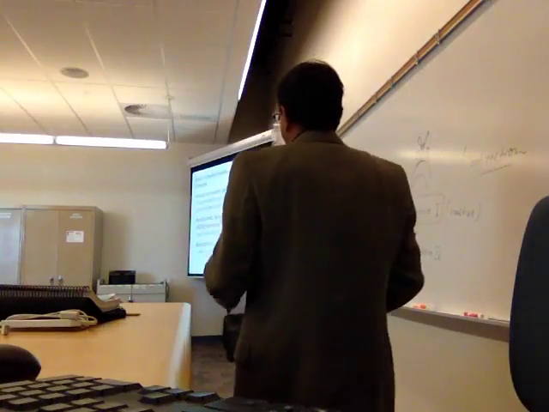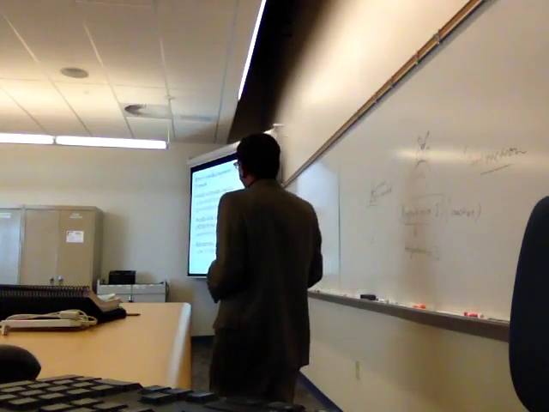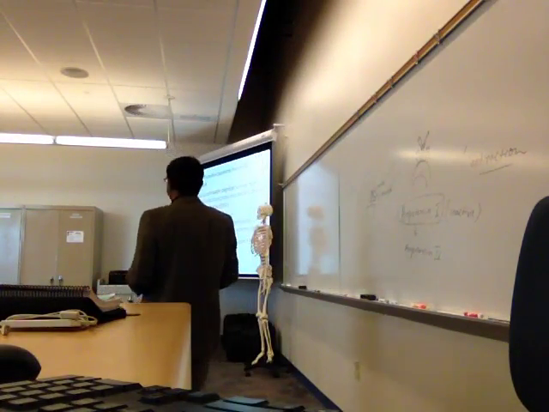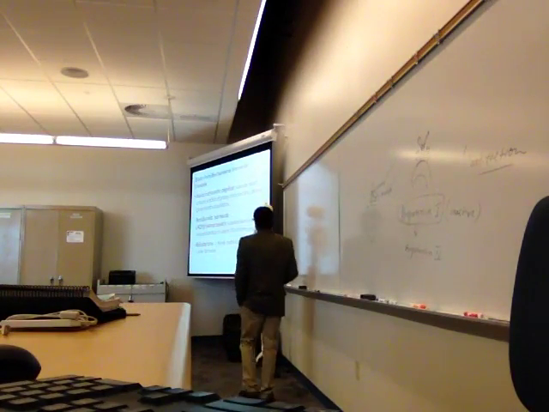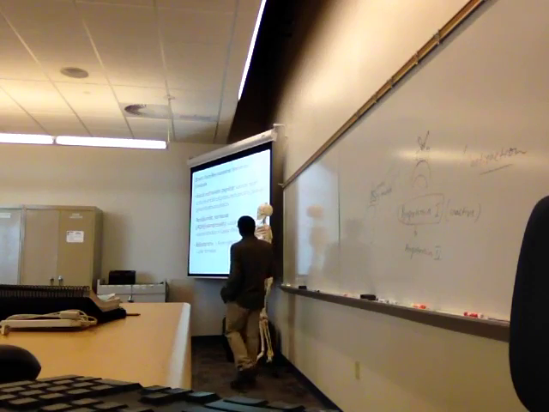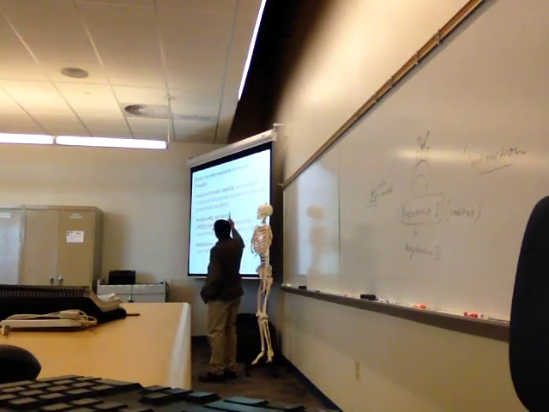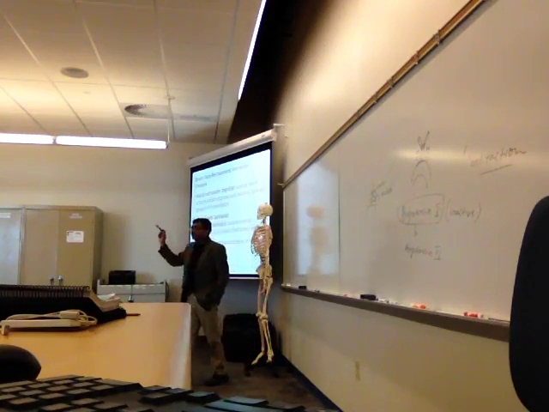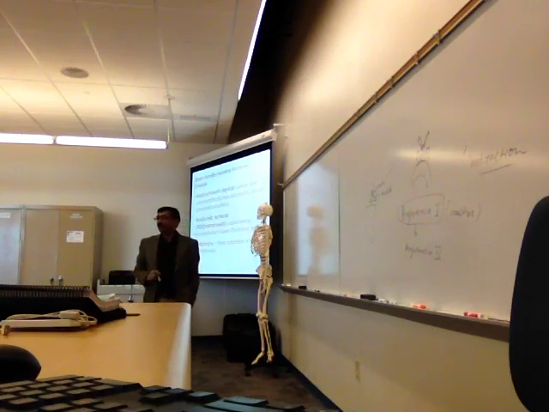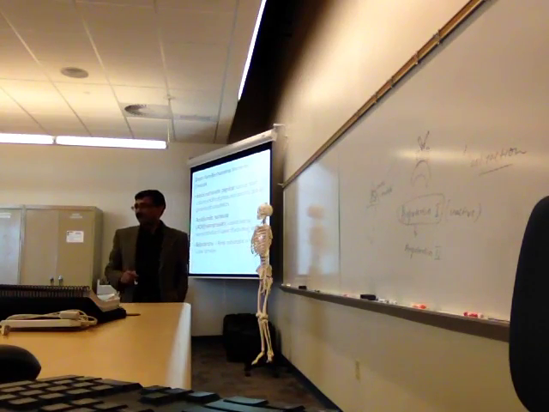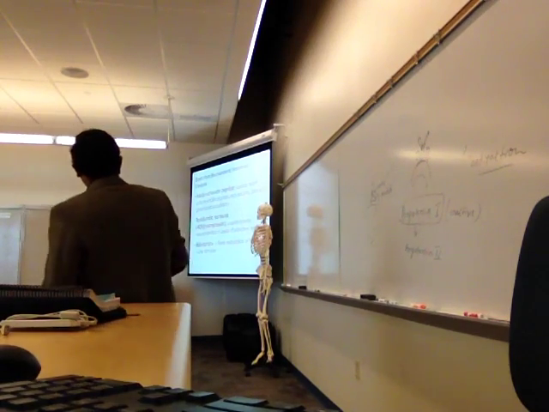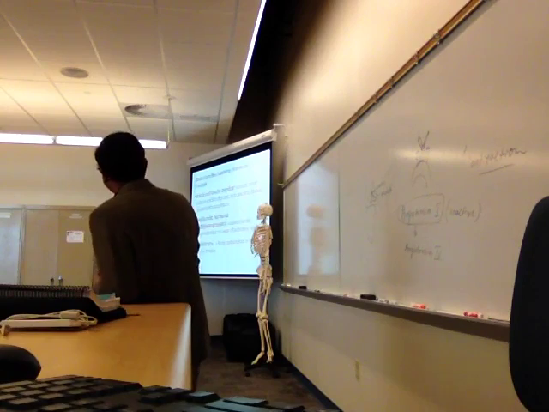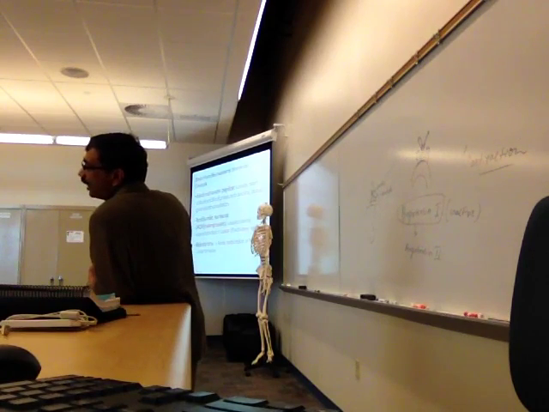Another chemical that is called atrial natriuretic peptide. It will work on the blood vessels, and this chemical is produced in the wall of the atria.